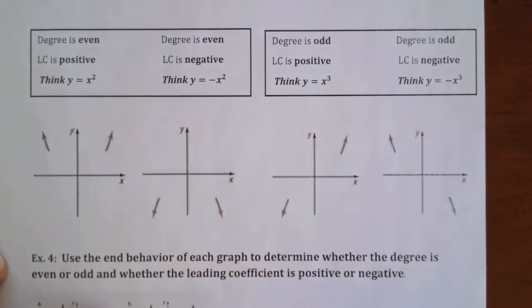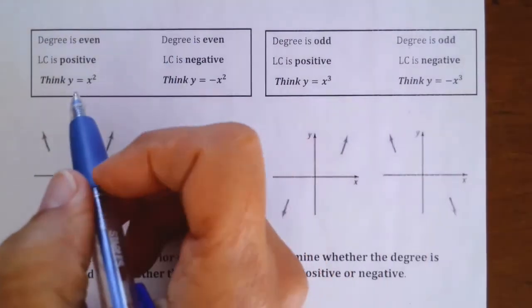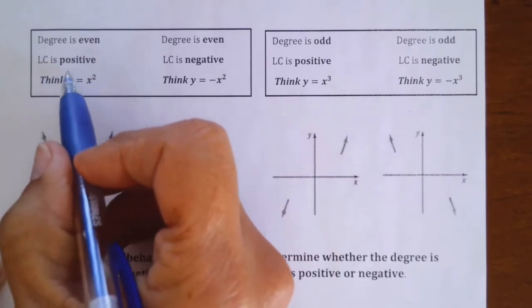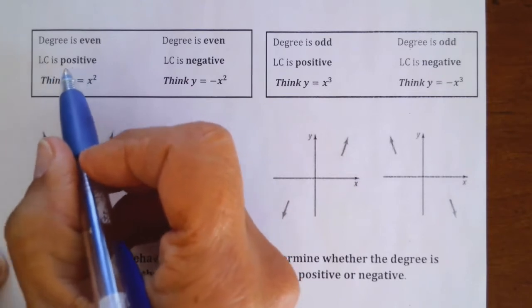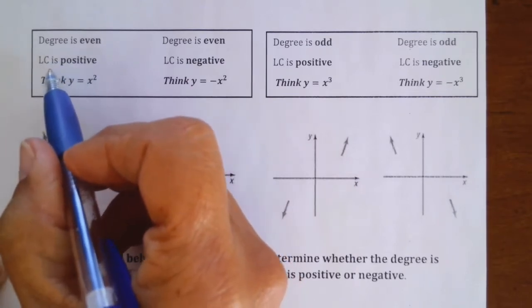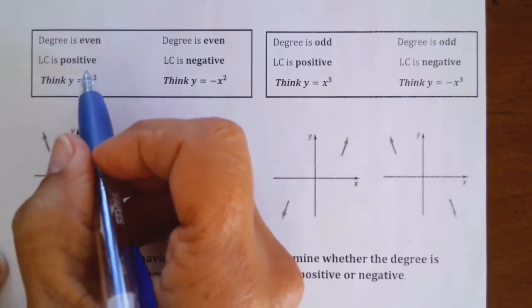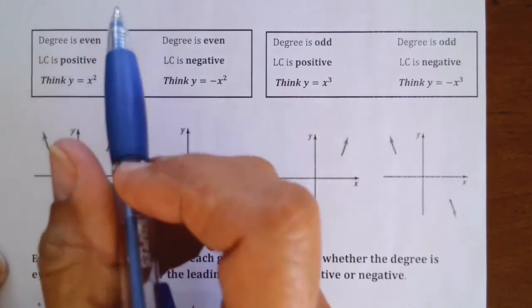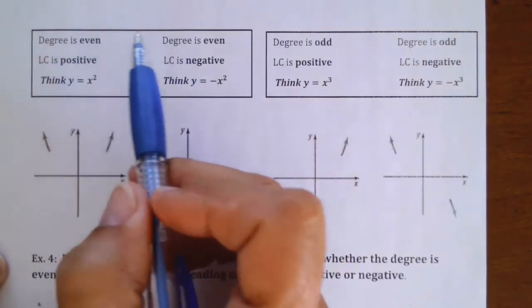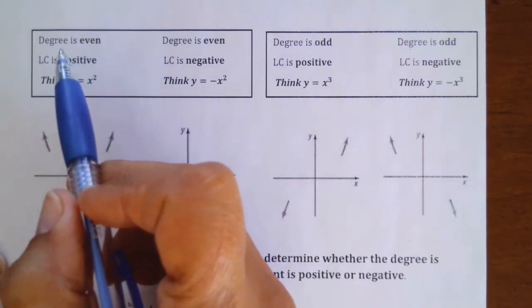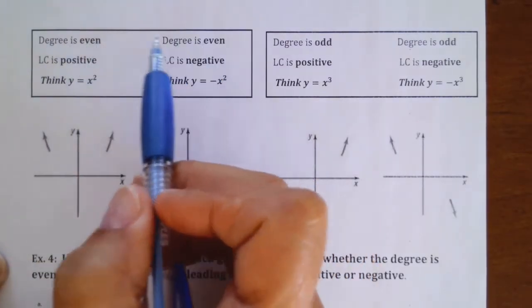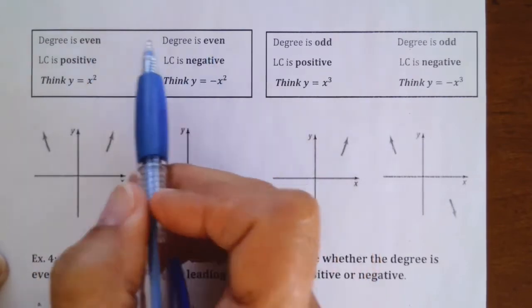All right, so there's only 4 possibilities. The first thing you're going to look at is, I think, the leading coefficient, okay? If the leading coefficient is positive, then that means the right side goes up. If the degree is even, that's telling you that both ends are going to do the same thing. So if the degree is even, either both sides are going to go up or both sides are going to go down.